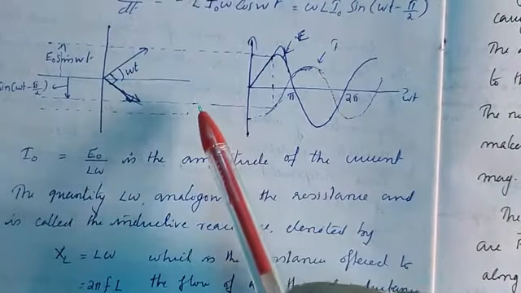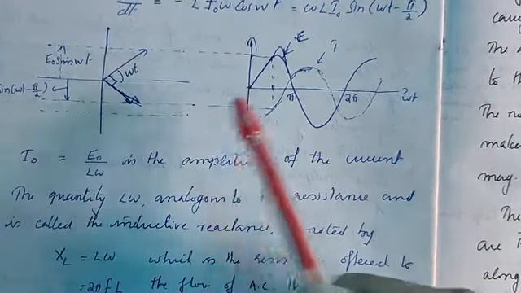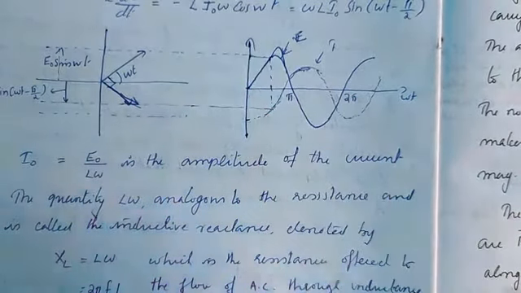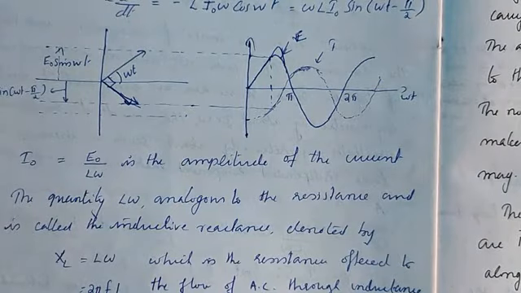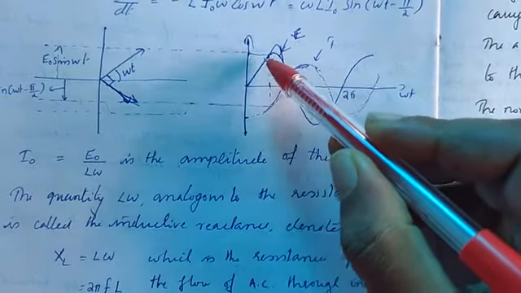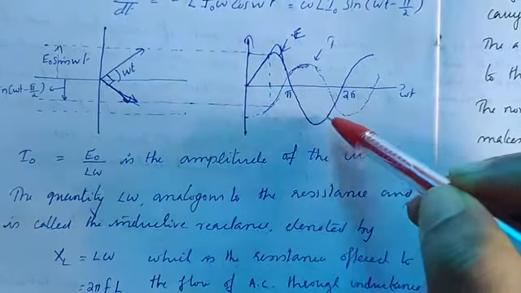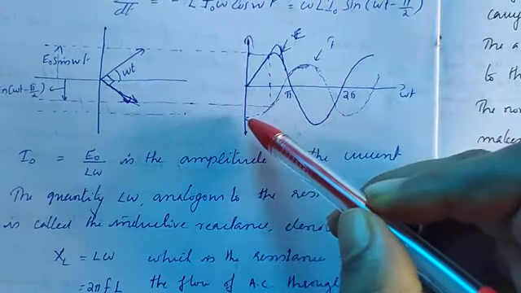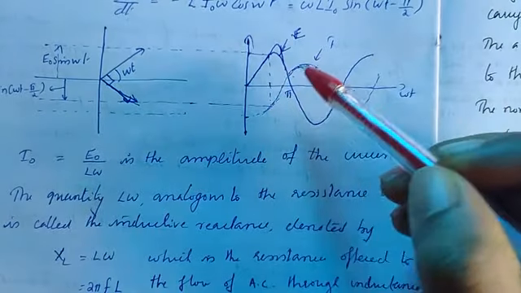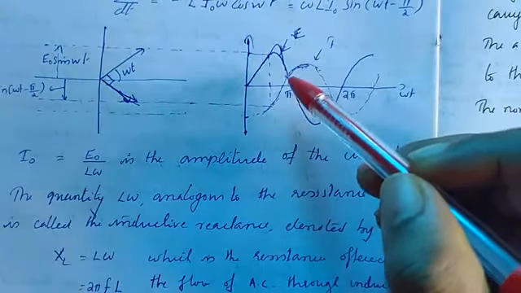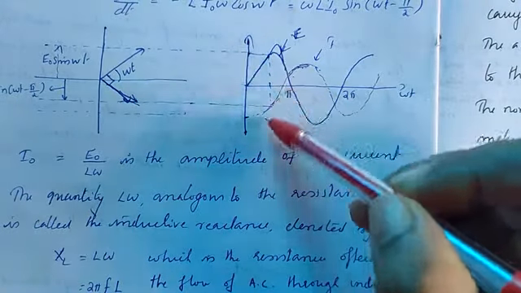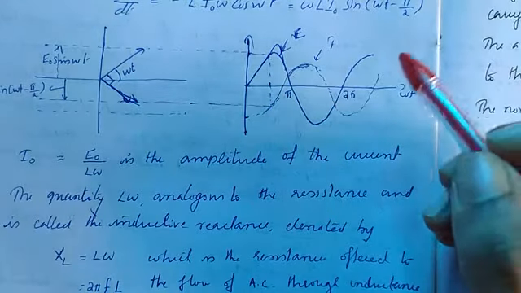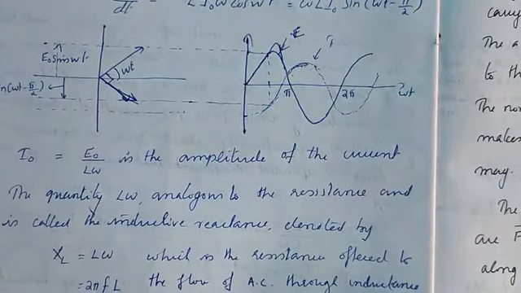This is a phasor diagram of E and I. This is omega t, and this represents the current, which lags by an angle of pi by 2, because the peaks will appear with a pi by 2, 90 degree difference.